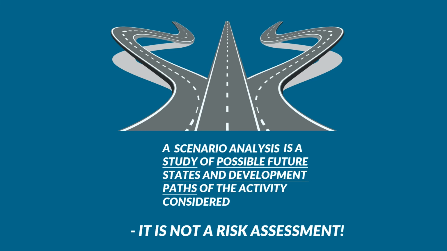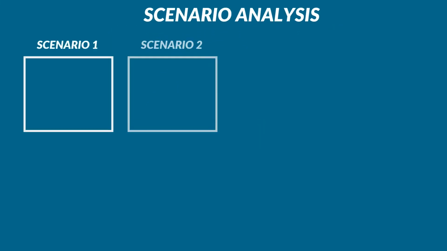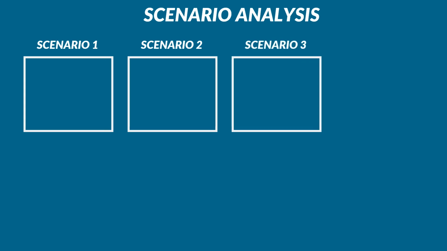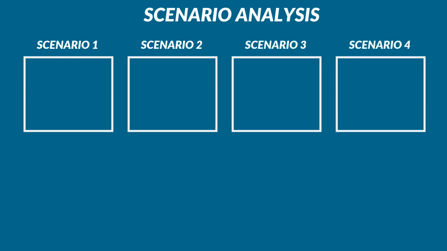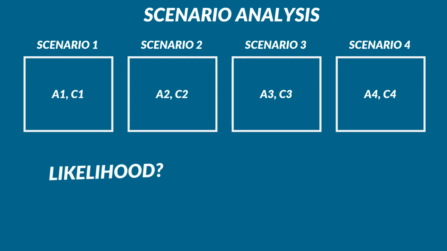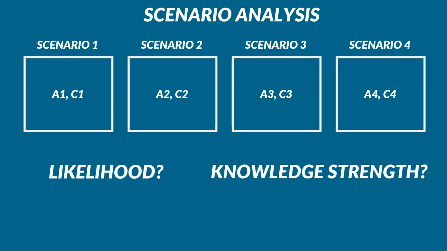The scenario analysis describes a set of scenarios, say 4, and studies the effects of these scenarios. Using the risk terminology, the scenario analysis describes a set, A1, C1, specific event and consequence outcome, A2, C2, A3, C3, A4, C4, but nothing is said about likelihood and knowledge strength related to these scenarios.